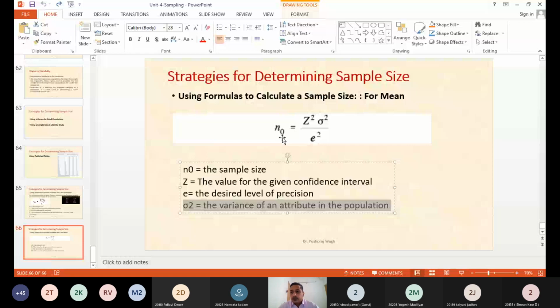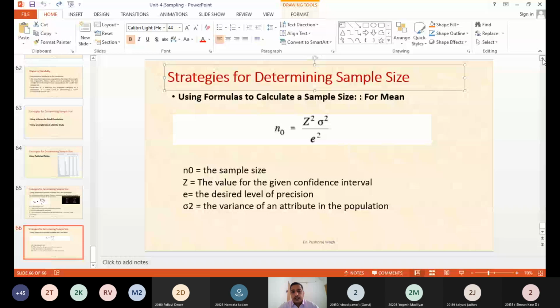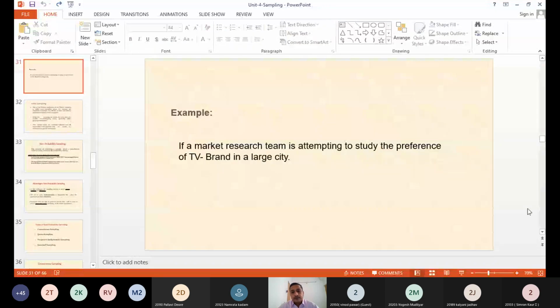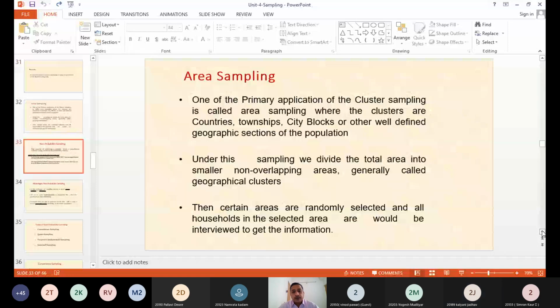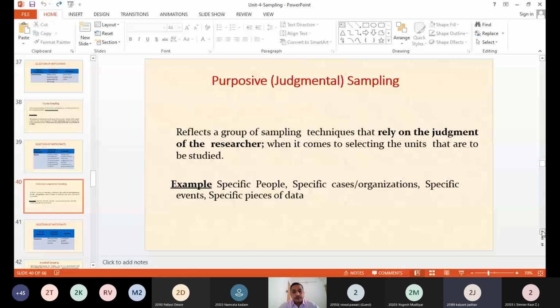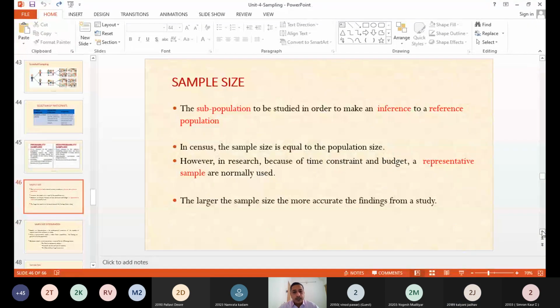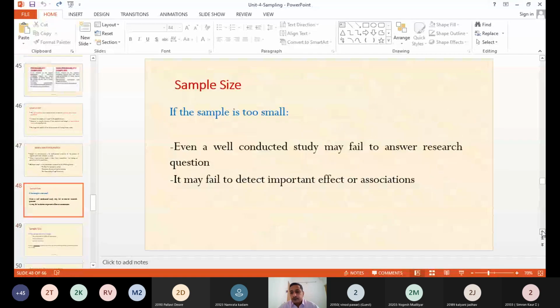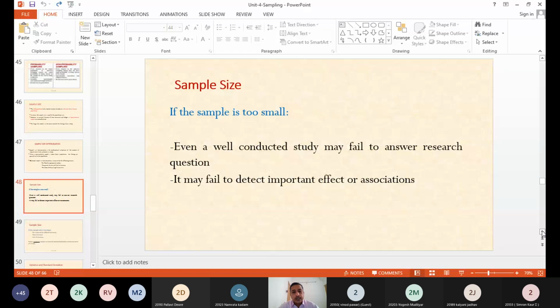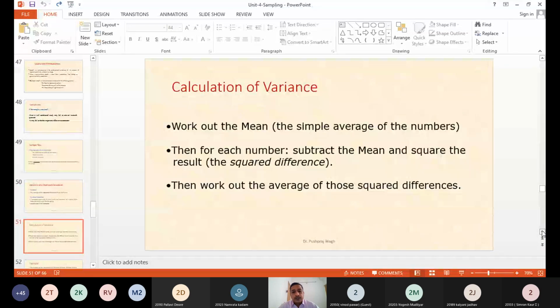We'll just have a quick review of what we have discussed today and then we'll stop. In today's session we have discussed the sample size: what is sample size, and what different parameters or factors need to be taken into consideration while determining sample size. Those parameters or criteria are level of precision, level of confidence or risk, and degree of variability.